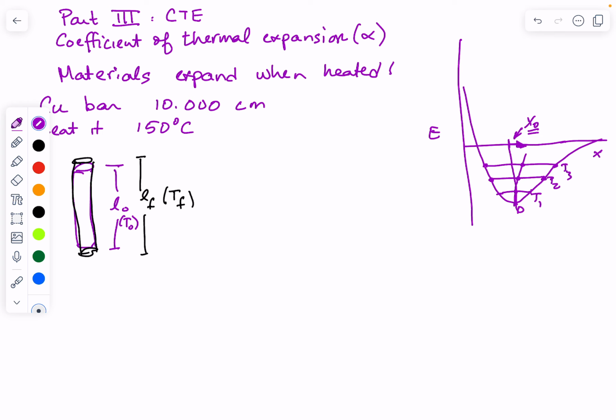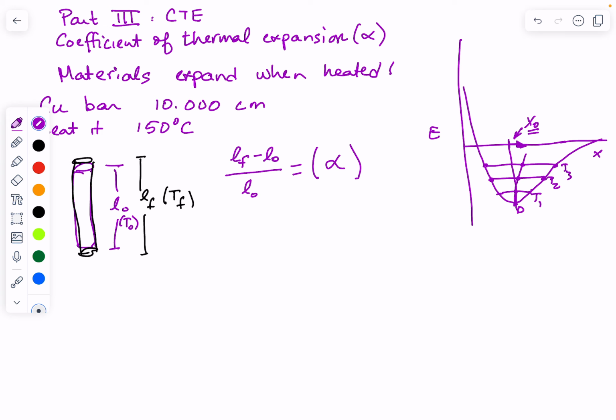And so if we write it in such a way, the final length minus the initial length divided by the initial length of the part is the left-hand side of the equation. The right-hand side of the equation is going to involve the term that quantifies for the material of copper how much it expands.